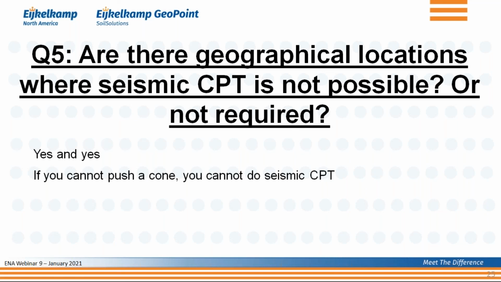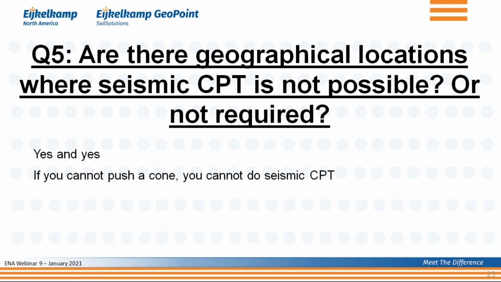But if you feel that there is no reason for the building code, or you don't need to know the soil parameters, you already have a good feeling for the soil parameters in that area, it is not necessarily required. You could argue that you don't have to do it because it takes time.